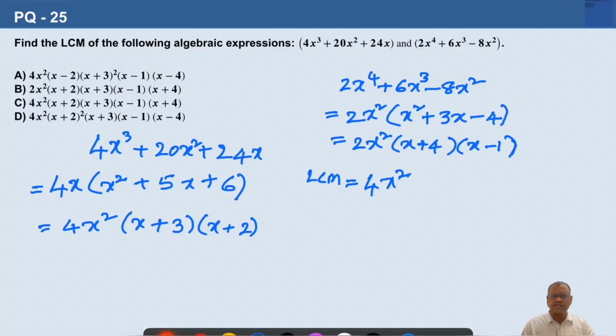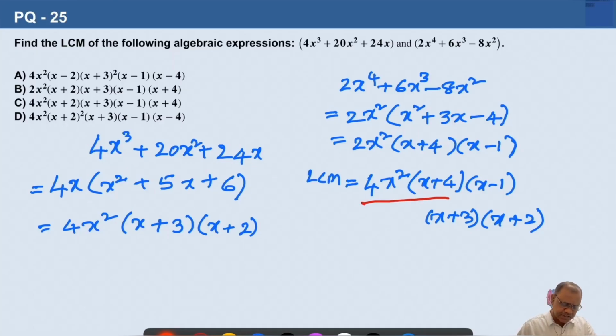All the factors appear only one time, so write them as they are: x plus 4, x minus 1, x plus 3, x plus 2. So this is the LCM of the expressions.